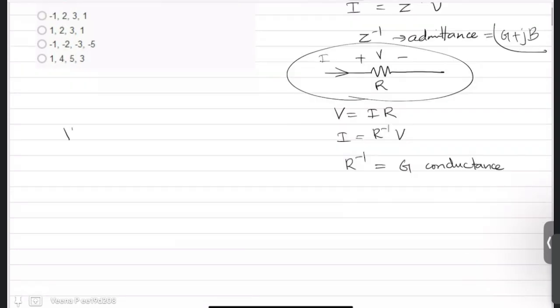So in matrix form, if you have a V matrix, a conductance matrix, and a current matrix, so V, G and I, then you can write V is equal to G inverse I, or I is equal to G times V, where G is called the conductance matrix.